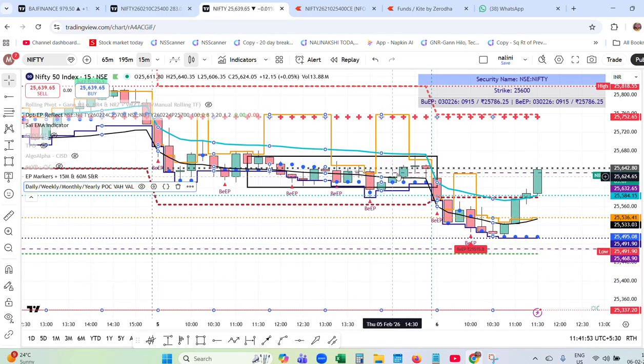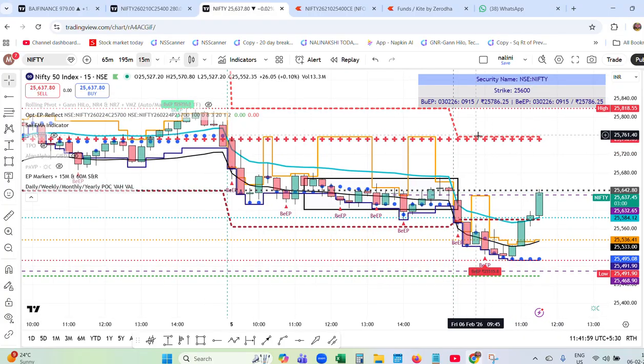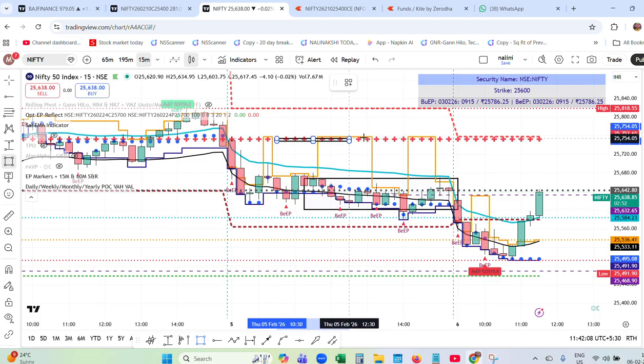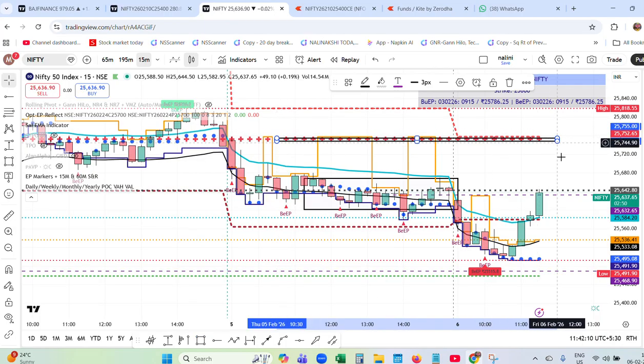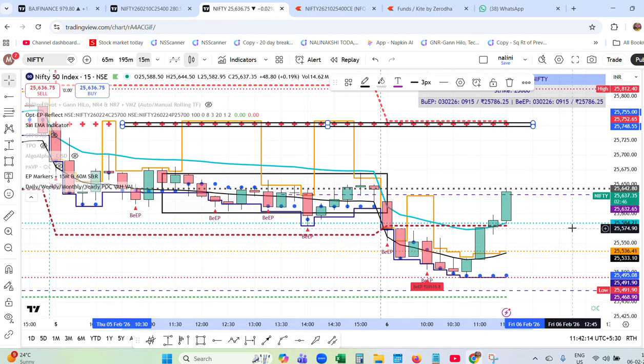Background I will remove, and price is consistently trading above the option zone. And the point of control on the weekly, from where the market has fallen down, this is the point of control, POC. POC here. And what are all the things I saw before taking any trade?